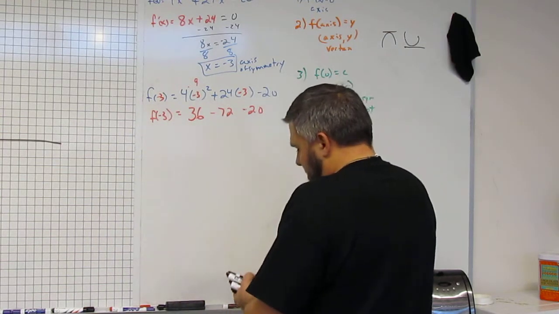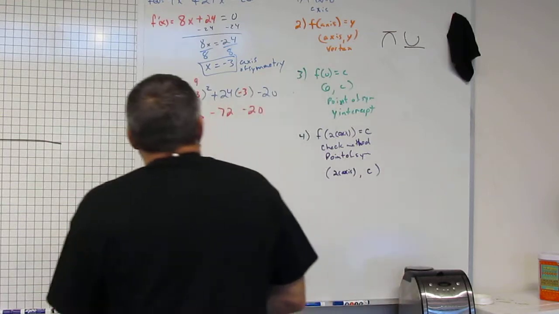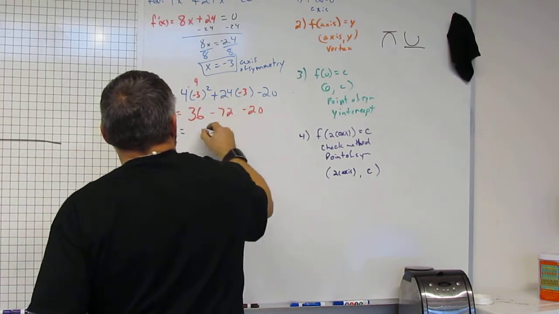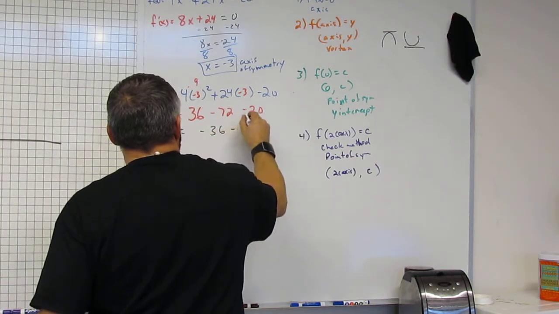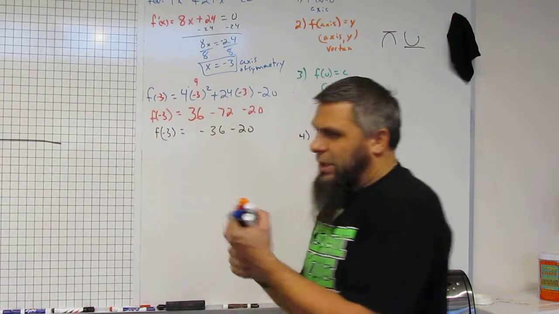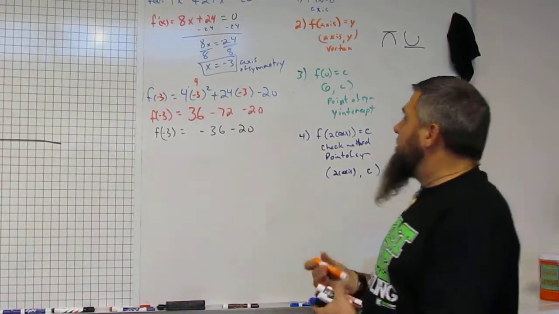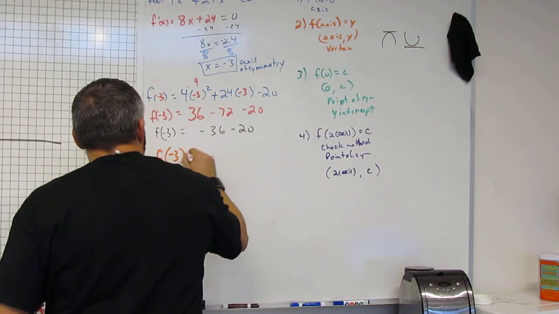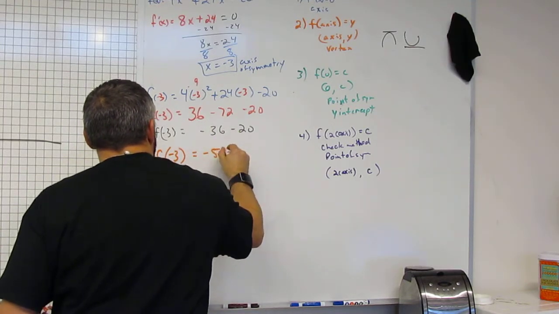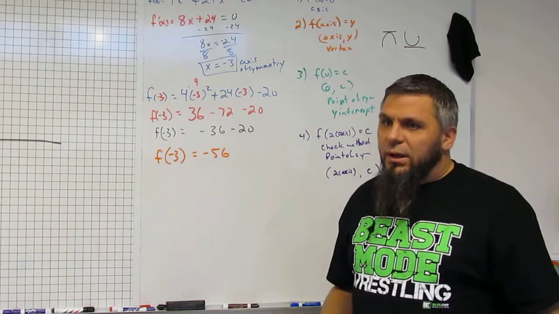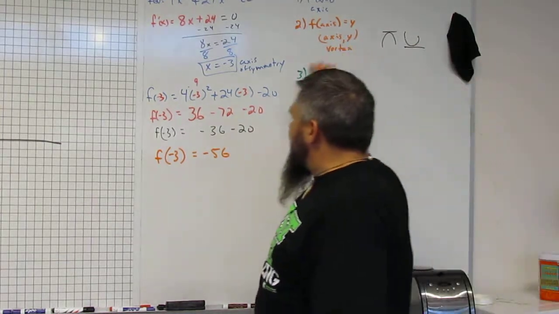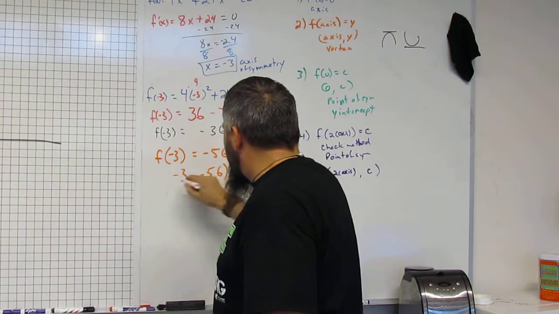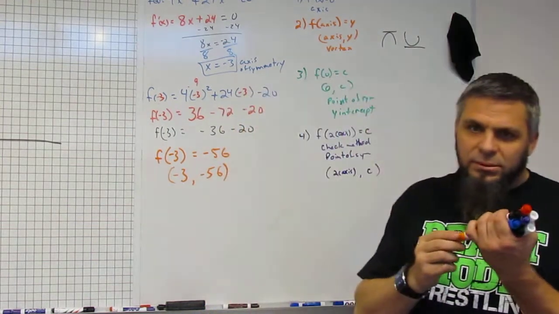And so now I've got f of negative 3 is equal to negative 36 minus 20, so f of negative 3 is equal to negative 56. That is my vertex: negative 3 and negative 56.